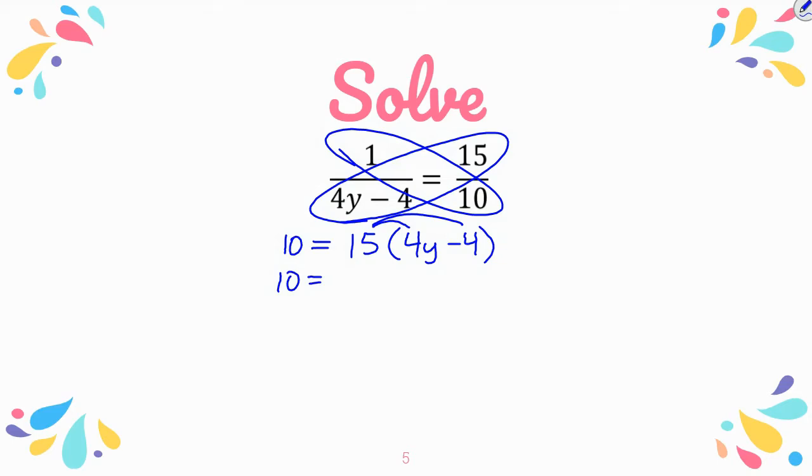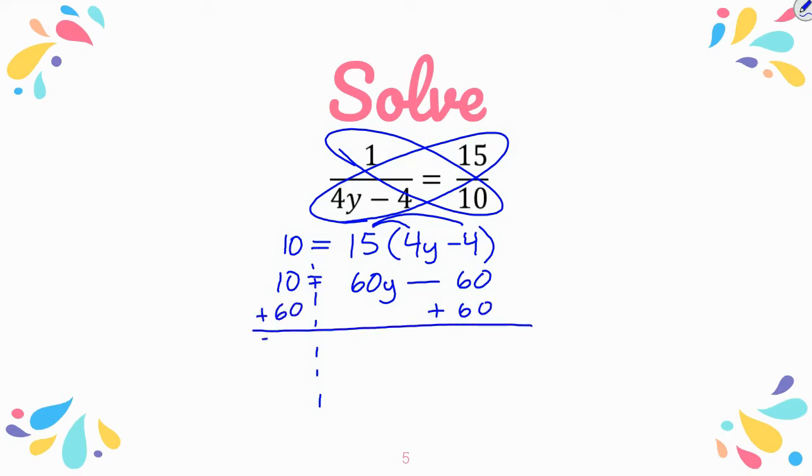So we can just leave the 10 alone, but let's distribute that 15. 15 times 4 gives us 60y, minus 15 times 4, which is 60. So now we have 10 equals 60y minus 60. We'll finish solving that equation by adding 60 to both sides, leaving us with 70 equals 60y.